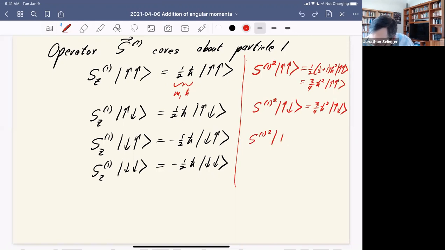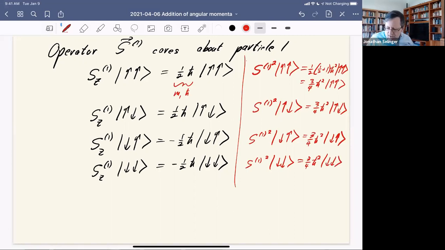Down, up is 3/4 h bar squared down, up. And S1 squared acting on down, down is 3/4 h bar squared down, down. Okay, that is all for the operator S for particle 1.